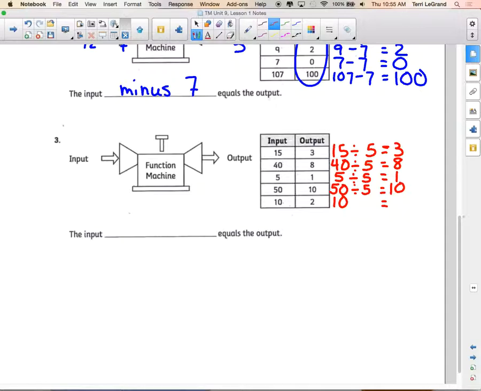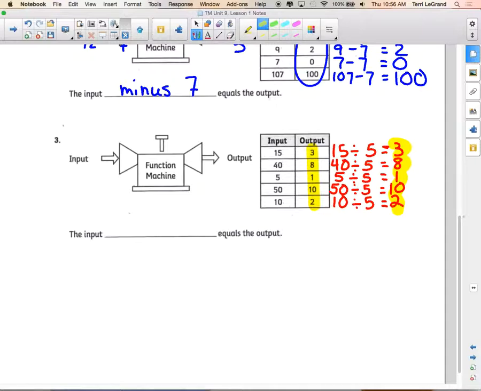So you shouldn't even be looking at the table while you're doing your work. You should just write down your inputs and then decide what you're going to do to each of them. And then go back and say, do my outputs here match my outputs there?